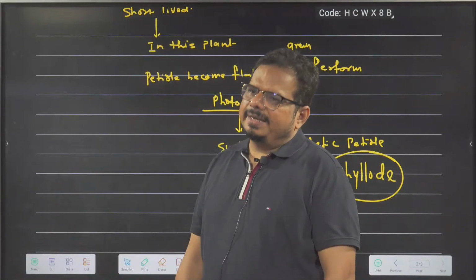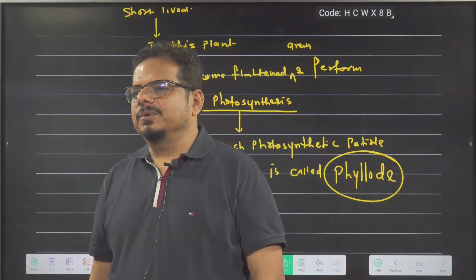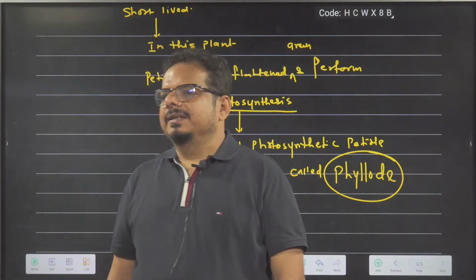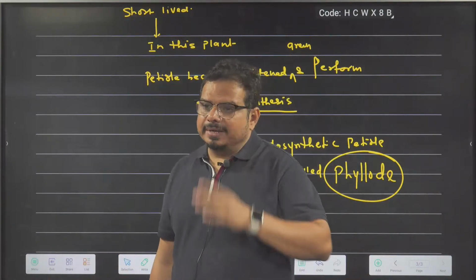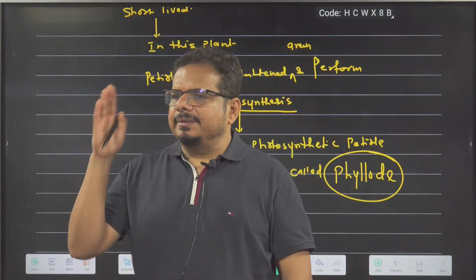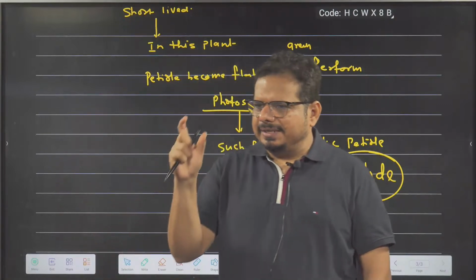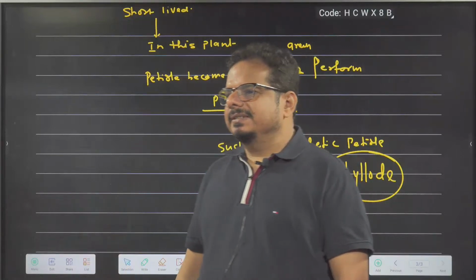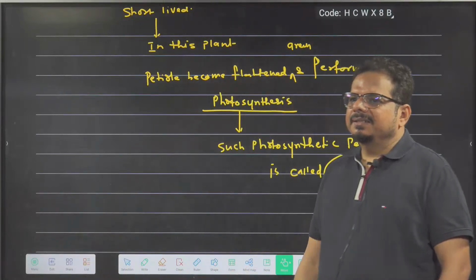So Phylloclade is a modification of a stem for photosynthesis. Phyllode is a modification of leaf, especially the petiole, for photosynthesis. Get the idea?